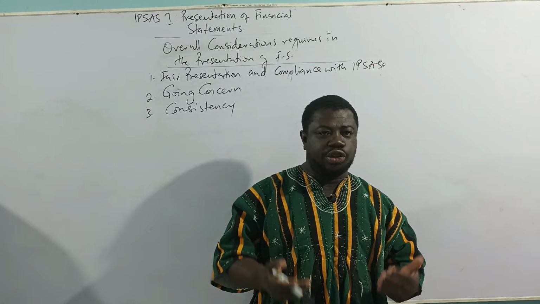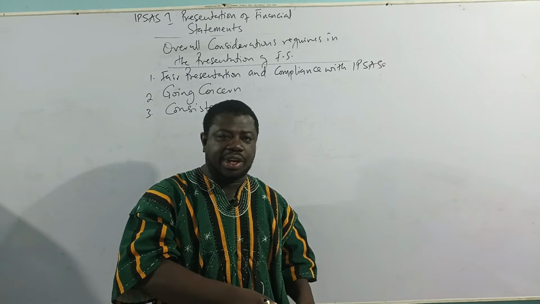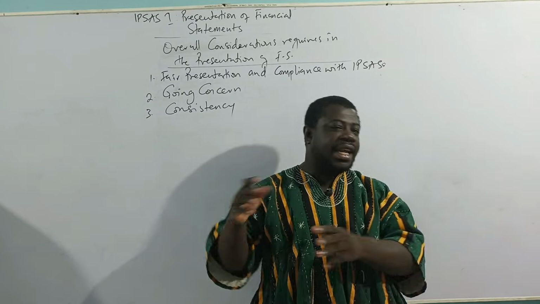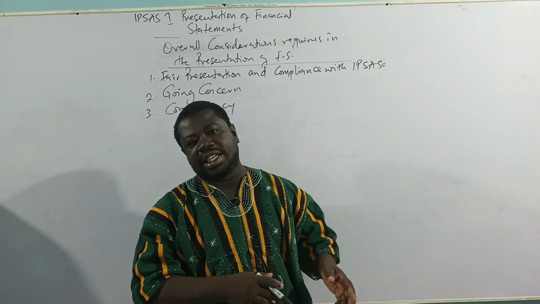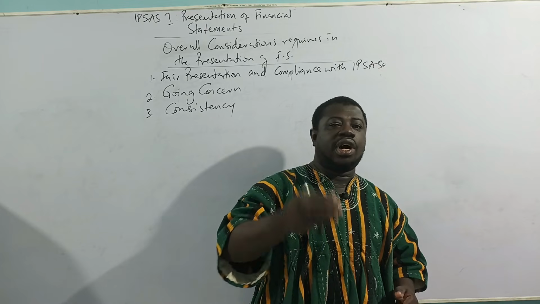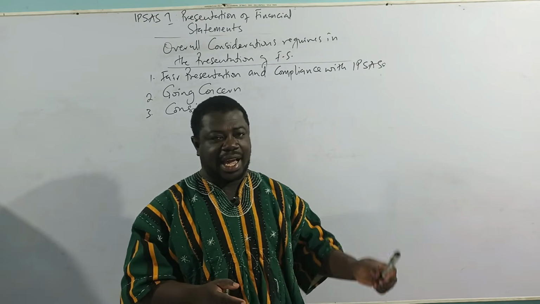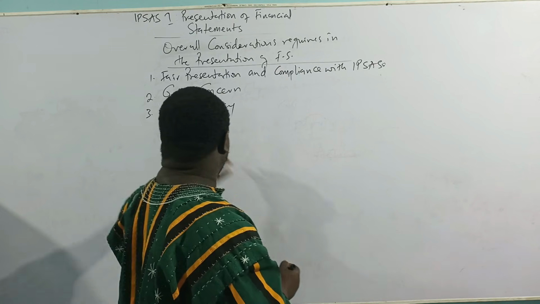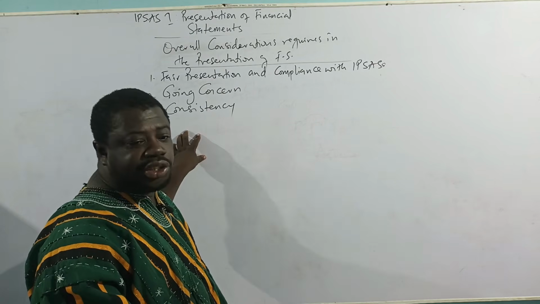For example, if you need to do depreciation of an asset, you cannot use a straight line method for this year and next year you use the reducing balance. The following year you use some other method. Please make sure you are consistent year after year in the methods of treating like items on your financial statement. That is what you should know, and it's one of the key considerations according to IPSAS 1.